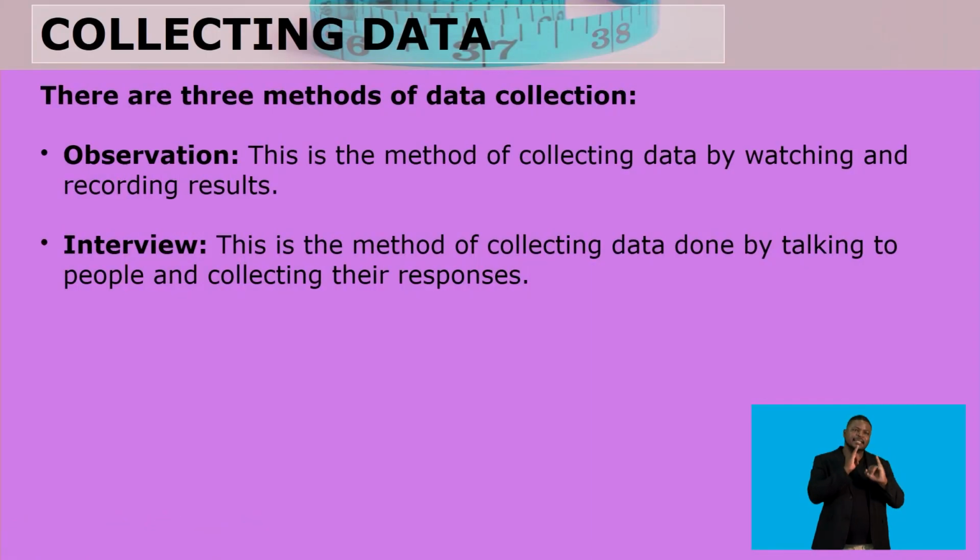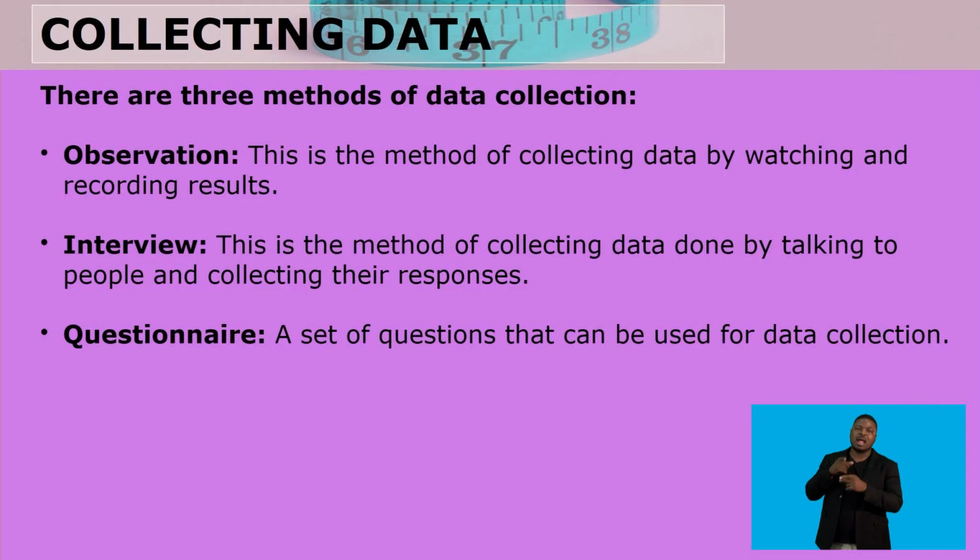You then get an interview, a talking method. This is the method of collecting data done by talking to people and collecting their responses. And the questionnaire is a set of questions that can be used for data collection. So those are the three most common ways in which data is collected. Sometimes you can use more than one, but in a nutshell, those are the most common ones used.